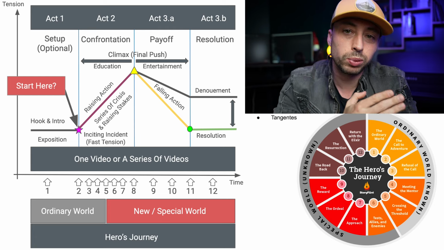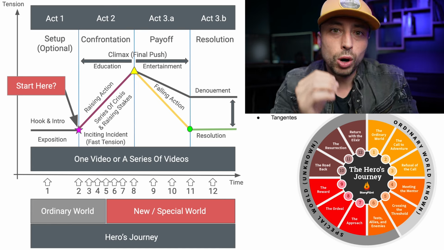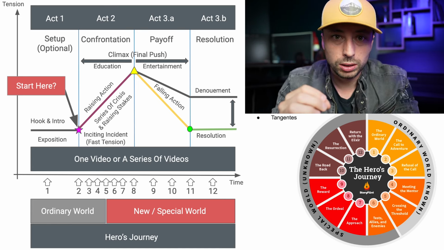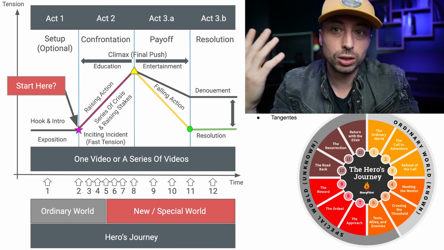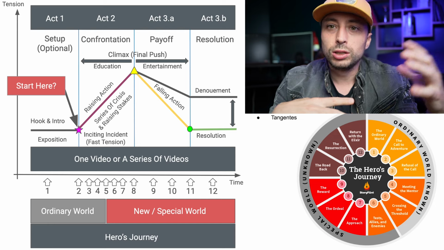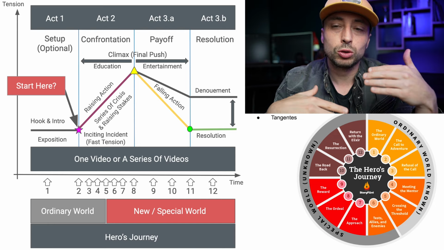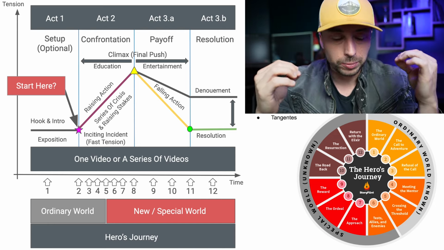And it is at that point that I realized something very important. The more entertaining you want to be, the later you need the climax to be. And on the education side, you need the climax to be a lot earlier. Let me explain, the idea is simple.